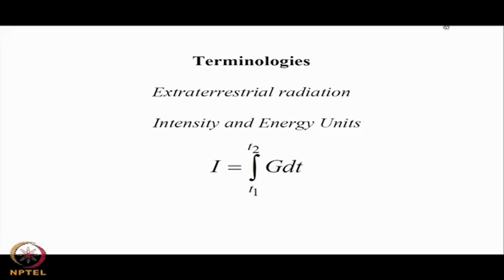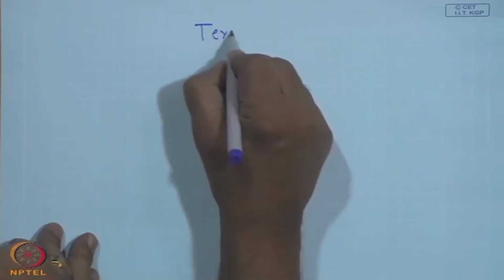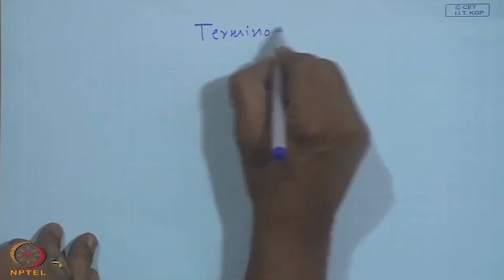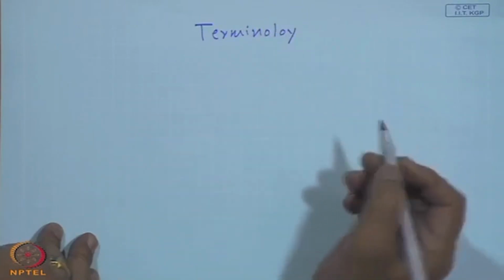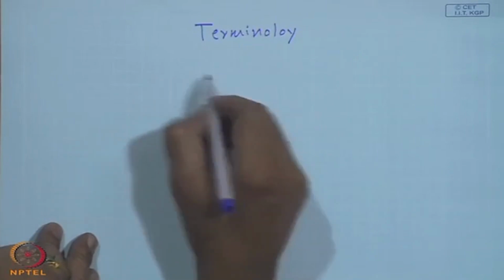Now, this is an important thing, which you have to patiently follow and then try to remember, and that is we will come to terminology, and I shall be following strictly what is used in the textbook.